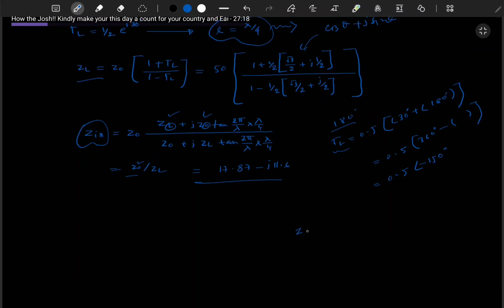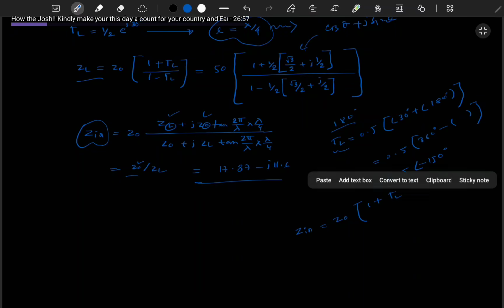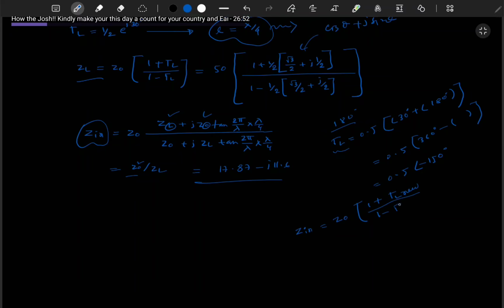Just that time the load is the input side load. Zin equal to Z0 times (1 plus gamma in) by (1 minus gamma in).